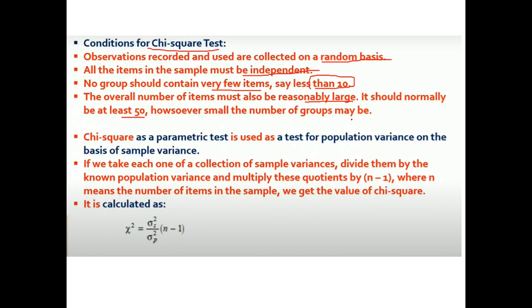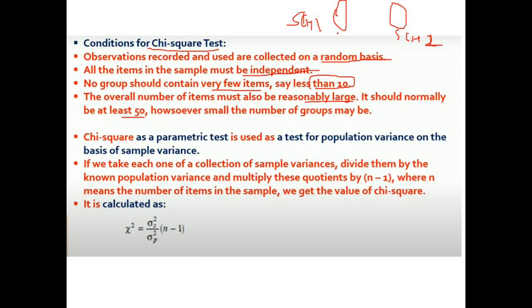They are saying at least 50 in a group, because you want to check whether there is any relation between this group versus this group. Suppose you calculated school 1 marks versus school 2 marks, or two groups of people where you perform some experiment, say a drug experiment.